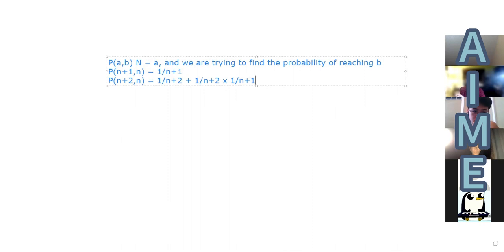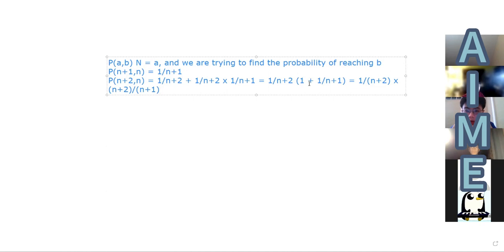And then if we add these together, we get 1 over n plus 2 times 1 plus 1 over n plus 1, and this is equal to 1 over n plus 2 times, the top part is going to be n plus 2 over n plus 1.